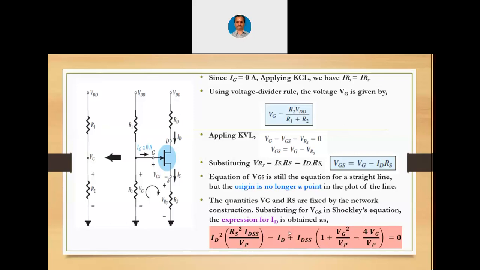If you substitute all these values in the quadratic formula, minus b plus or minus square root of b square minus 4ac divided by 2a, you will get the roots of the quadratic equation. That way also we can find out ID. Apart from that, we can go for our regular graphical analysis of finding out ID. Once we find out ID, we can apply KVL at the output side and we can find out VDS as well. I'll show you that in the next slide.